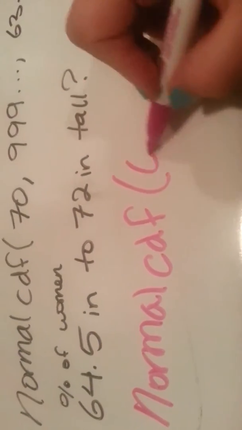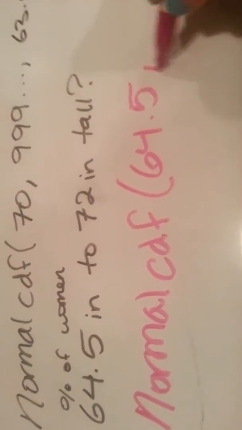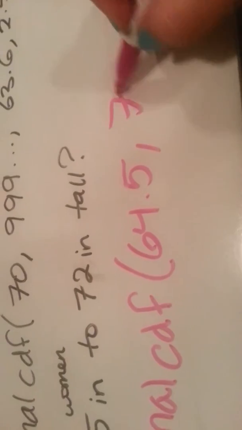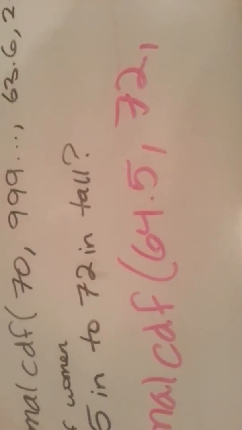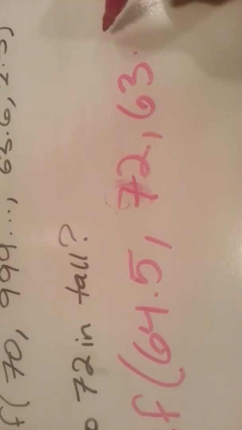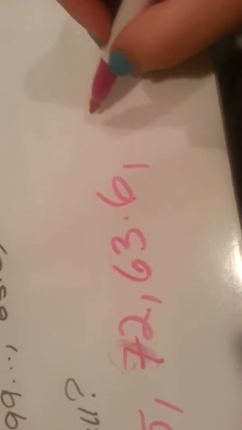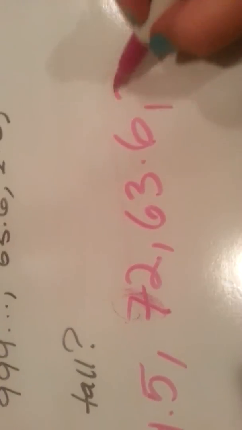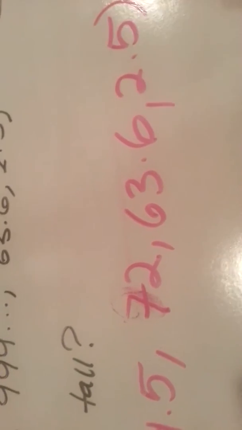You have normalcdf, the smaller number 64.5, then the larger number 72, so the calculator will only do what's between 64.5 and 72. We're setting its limits again. Then you enter the mean, 63.6, and the standard deviation, 2.5.